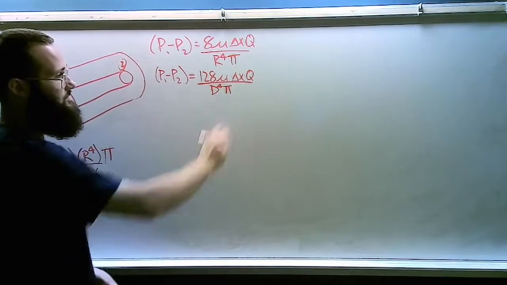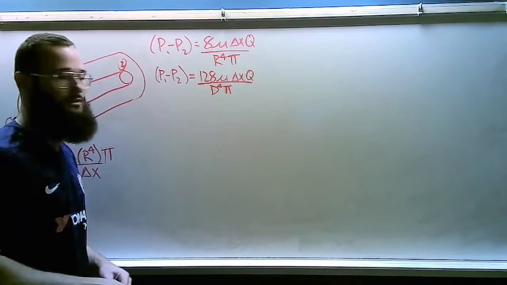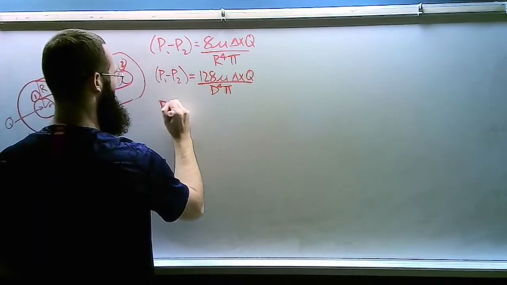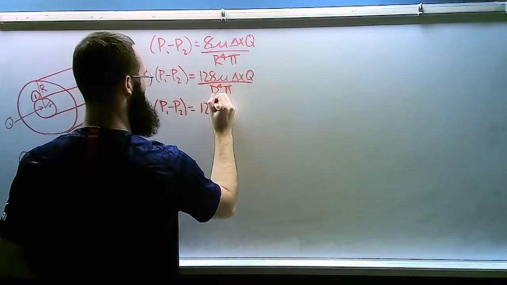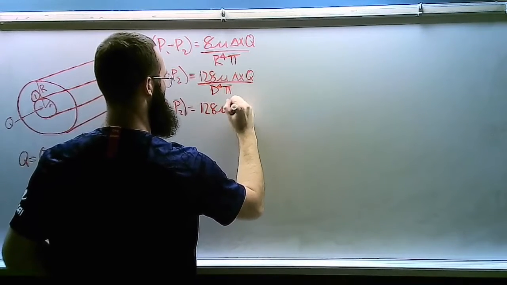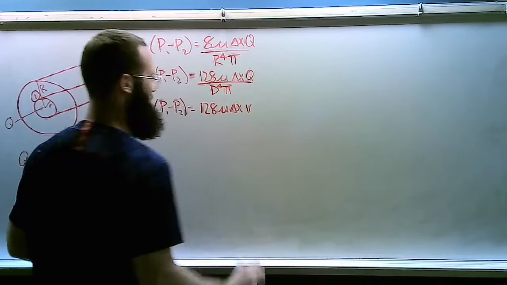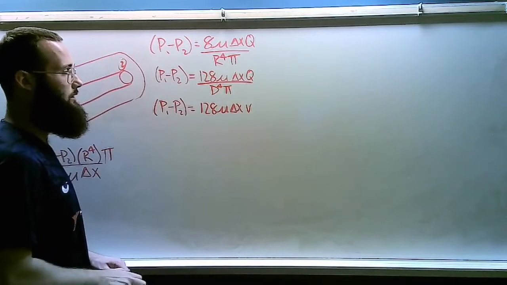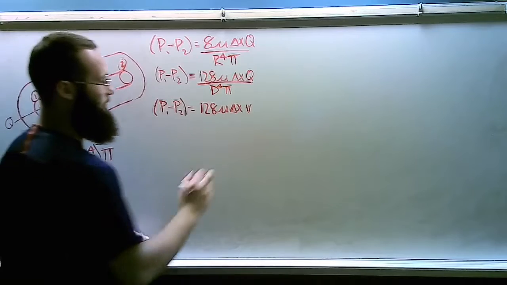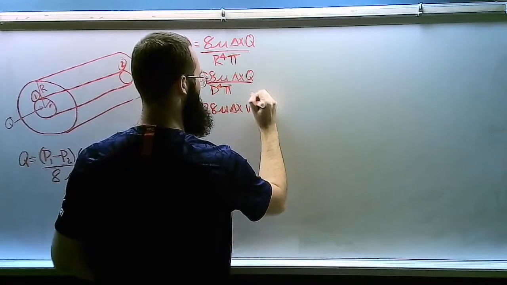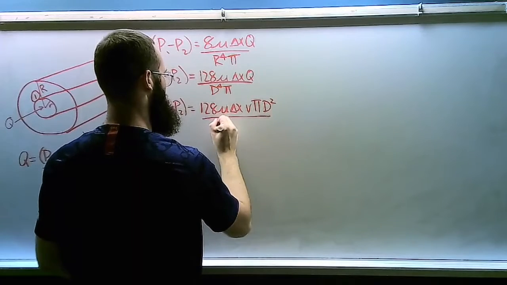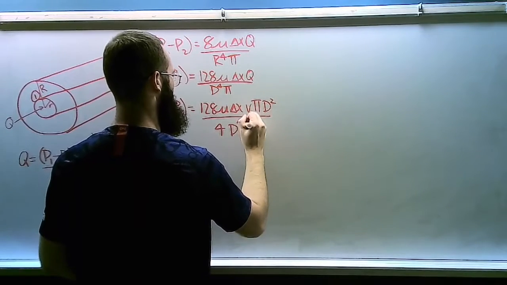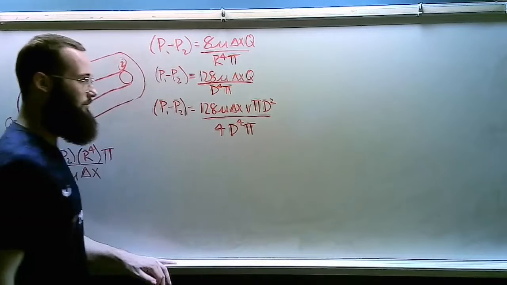I also want to go ahead and change this Q into the velocity times the area. So I'll have P1 minus P2 is equal to 128 mu delta x v, and then the area will be pi d squared over 4, and that'll be d to the 4th with a pi.